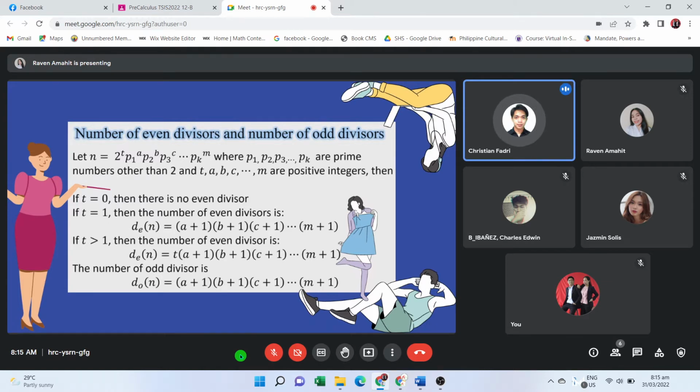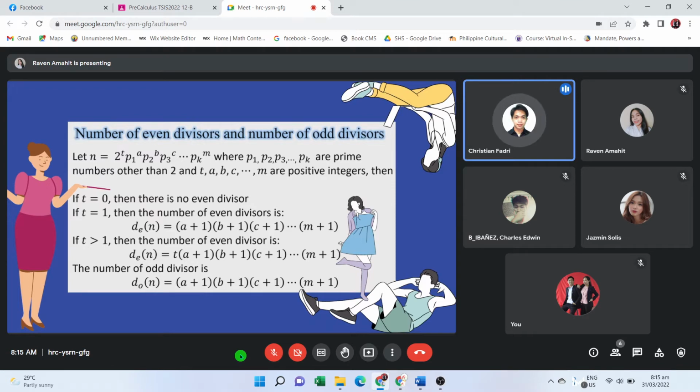Then if t equals 0, there is no even divisor. If t is equal to 1, then the number of even divisors is d of n equals a plus 1 times b plus 1 times c plus 1, and the pattern continues until m plus 1. Next, if t is greater than 1, then the number of even divisors is d of n equals t times a plus 1 times b plus 1 times c plus 1, and the pattern continues until m plus 1.